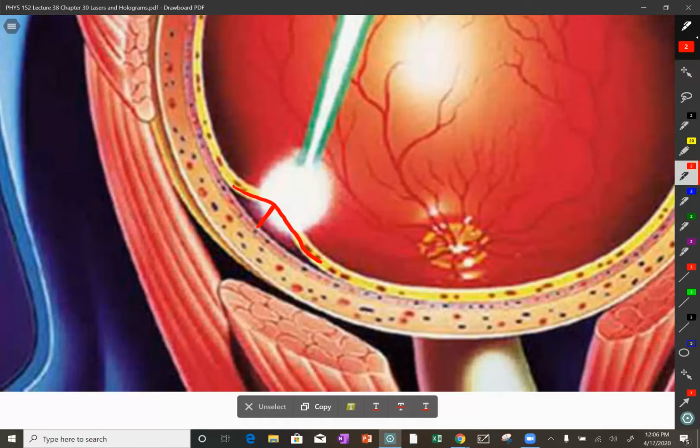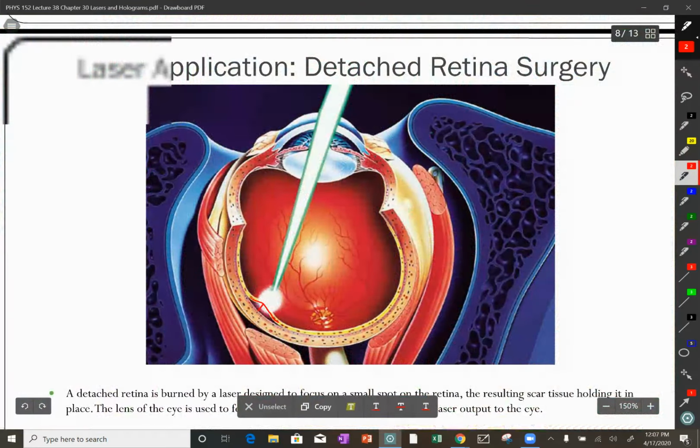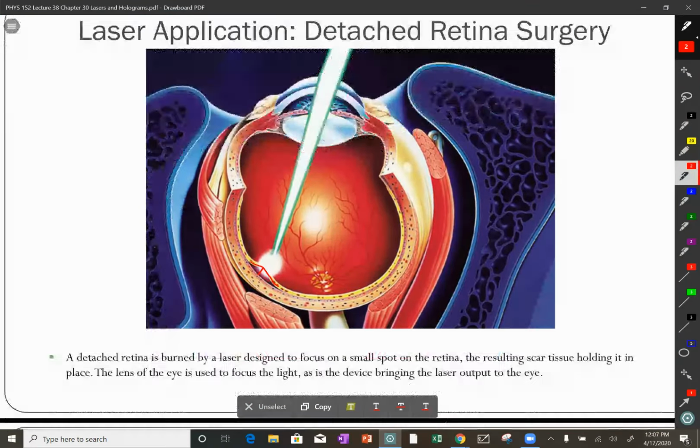In fact, when I finished graduate school, I was considering going to Japan and doing research on laser welding, using holograms to do laser welding so you could do welding very quickly and accurately. So the laser is depositing energy. The energy heats things up and fuses stuff. So that's one application of lasers. You've seen a lot of them.